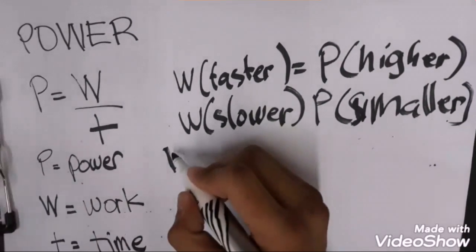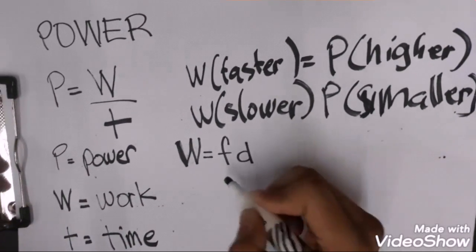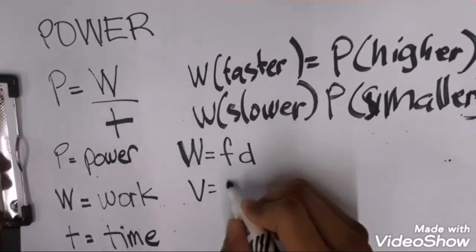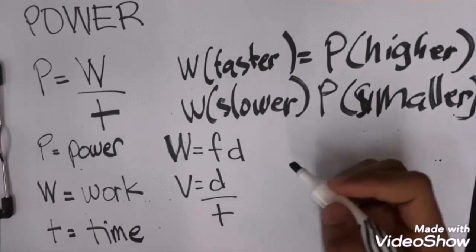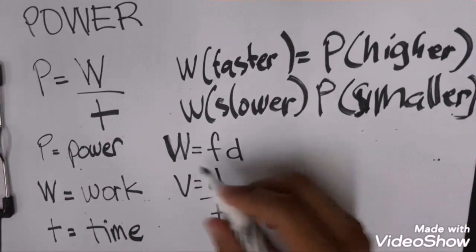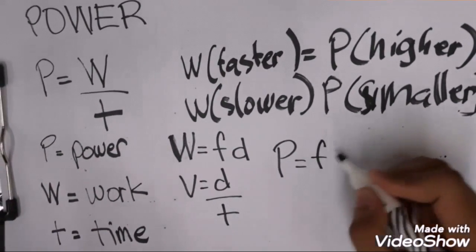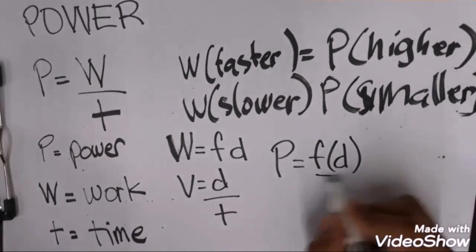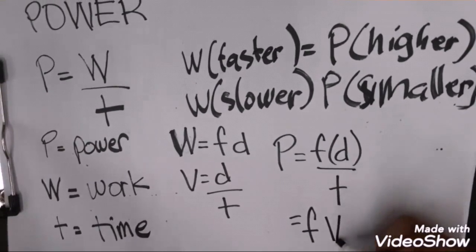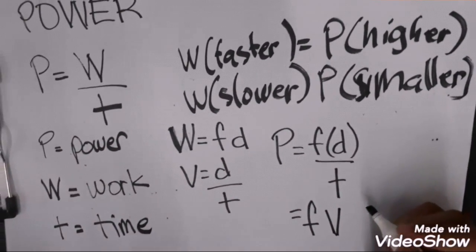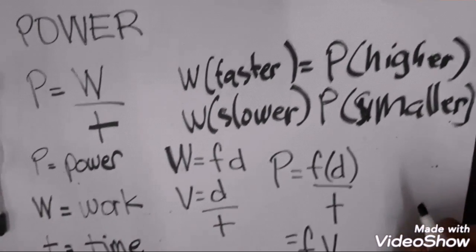Since work is force times displacement and velocity is displacement over time, we can say that power equals force times velocity. More power is seen when the system is both strong in force and fast in velocity.